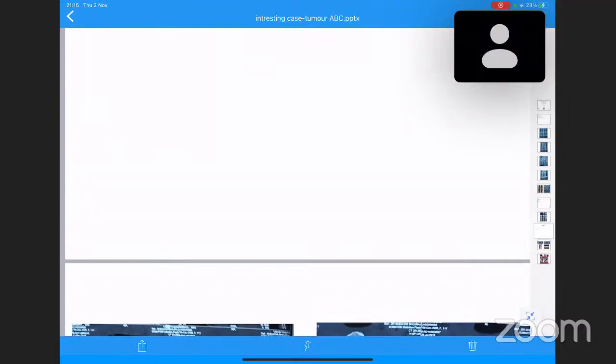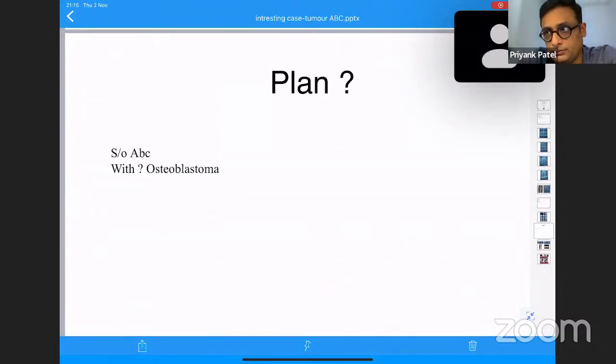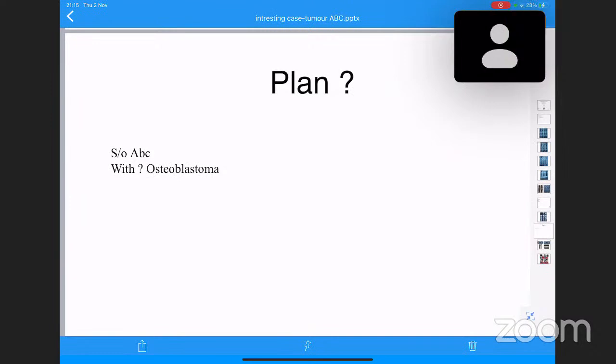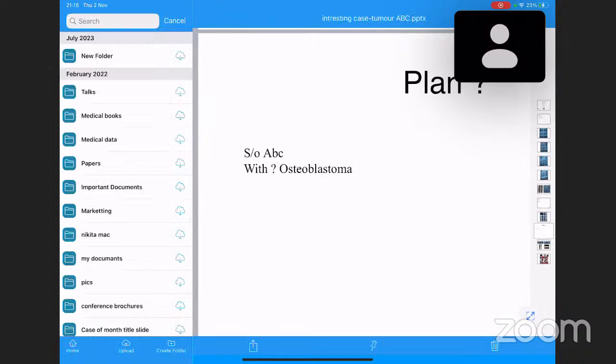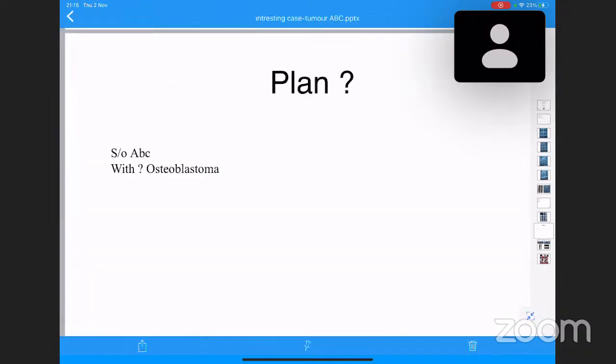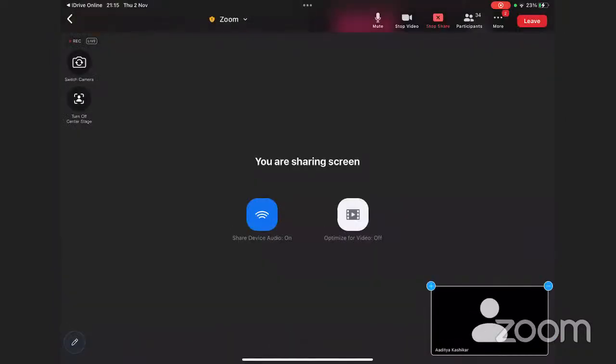Since this is involving a lateral mass, and though CT is showing the vertebra is quite okay, there is a plane between, there is no involvement of the vertebra. But since it's involving a lateral mass, maybe we can just try chemical cauterization in this case. Okay. Chemical cauterization, which means you want to inject something in the lesion. In the lesion. Okay.